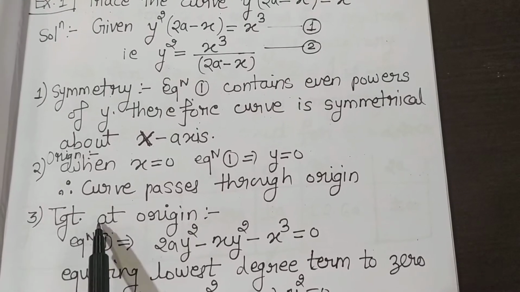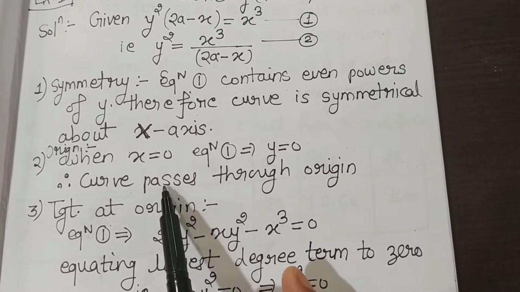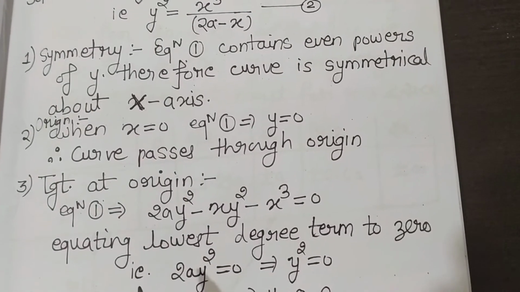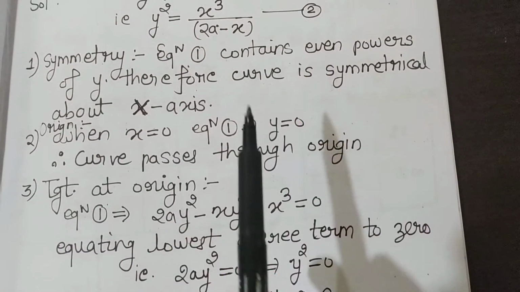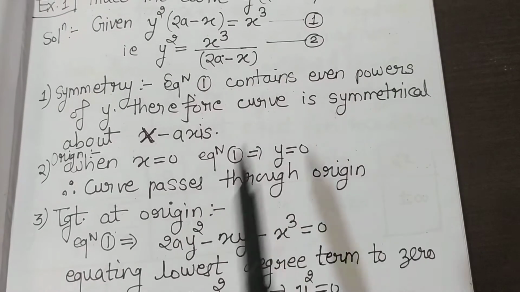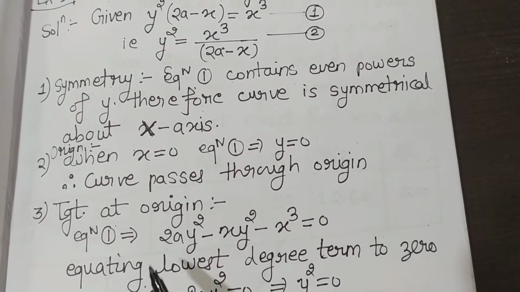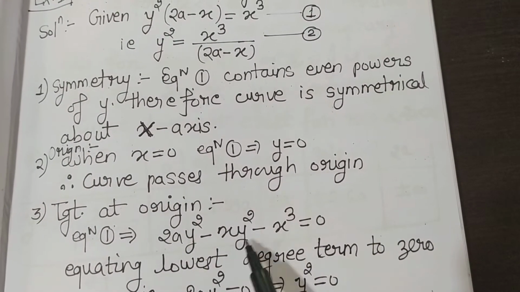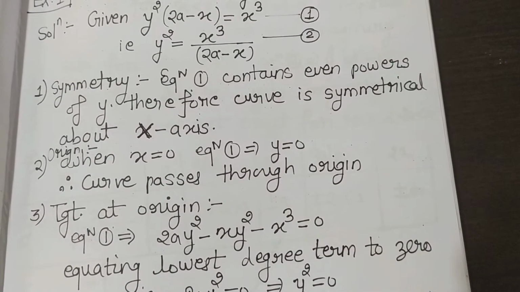Again, tangent at origin. As it is passing through the origin, we can find the tangent at the origin. From this equation, find the lowest degree term. Equation 1 can be written, on expanding, as 2a y square minus x y square minus x cube equal to 0.